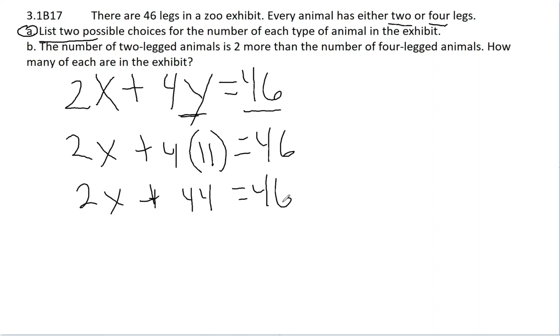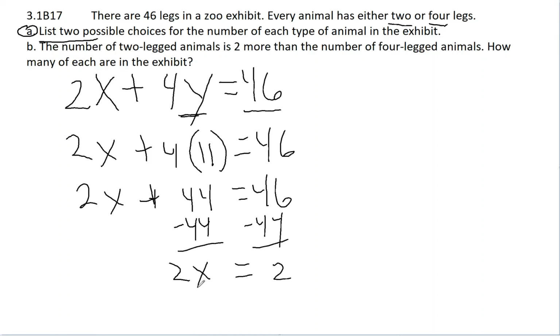But let's just follow our algebra here. We know that 44 legs are accounted for with the 11 animals, so let's subtract those away from both sides to get 2 legs left over, and 2x equals 2 legs because 44 minus 44 is 0.